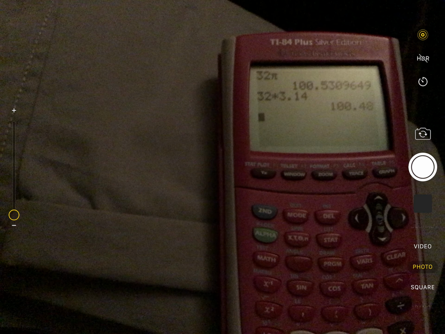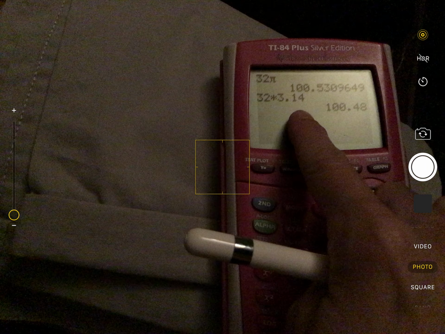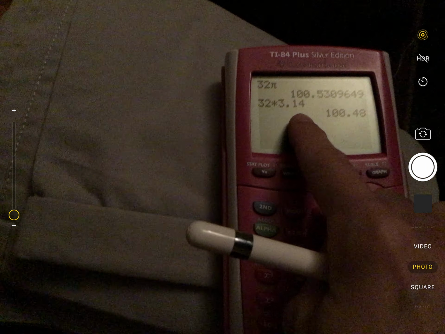So nearest whole number, that 5 makes the 100 round up to 101. Keep in mind, if I just use 3.14 instead of pi, it's going to round down to regular 100. So always, always, always use the pi button and not a pre-rounded number. So this is about 101.